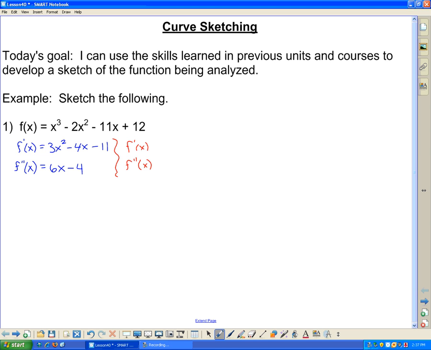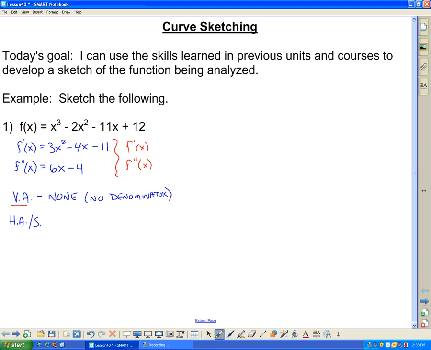Next, let's talk about asymptotes. So my vertical asymptote, none. The reason: no denominator. You can only have a vertical asymptote if you have restrictions. I don't have a denominator to create restrictions, so I have my vertical asymptote taken care of.